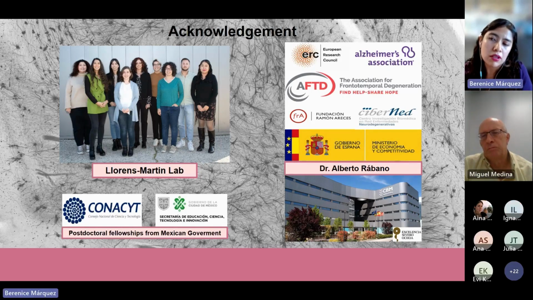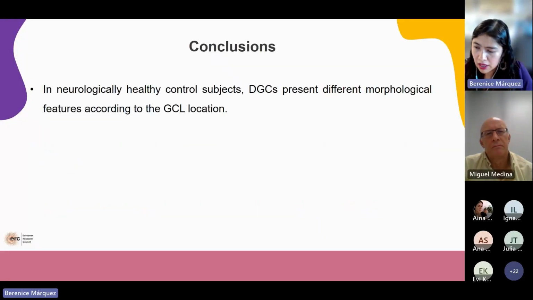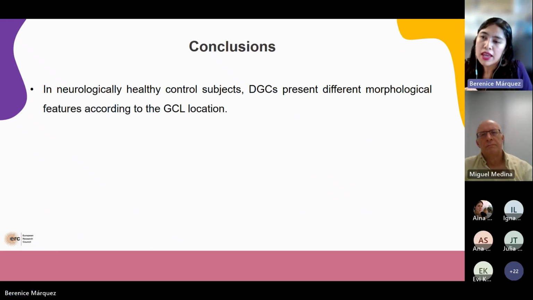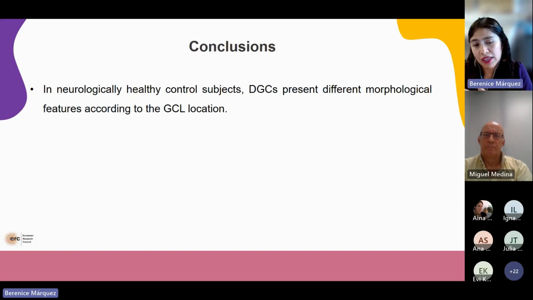For example, in one article from our lab, which is one of the antecedents that I put, we observed a decreased number of immature dentate granule cells that are mainly located in the inner region, and the quantification of the total mature dentate granule cells was not affected. So possibly the new dentate granule cells can be affected in a different manner. Mm-hmm.